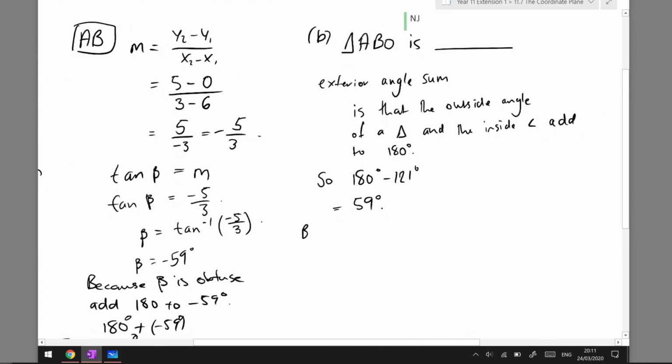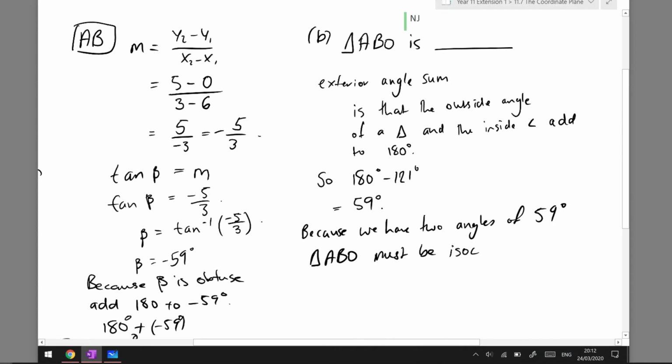So because we have two angles of 59 degrees, triangle ABO must be isosceles. So ABO is isosceles.